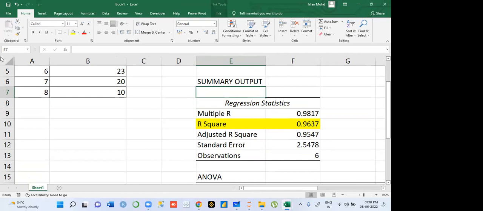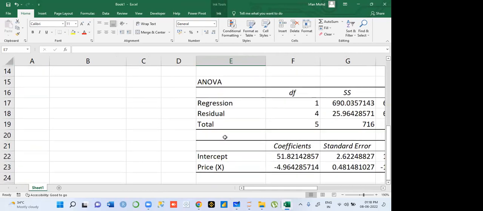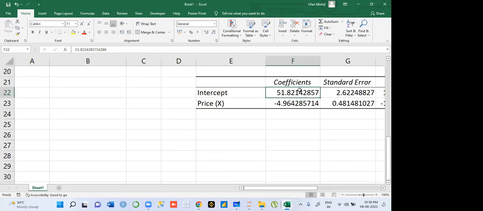What is your beta naught value? Exactly the same, guys. This is your coefficient number. Intercept and beta naught value are the coefficient numbers, so you have to take this one.